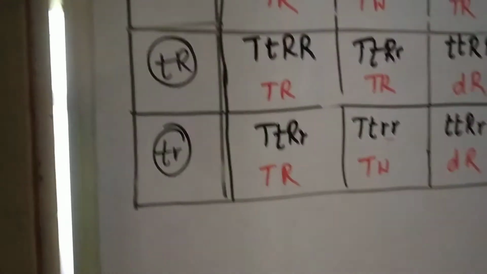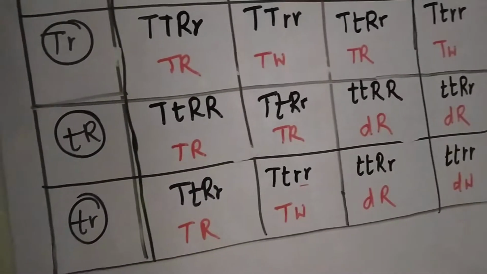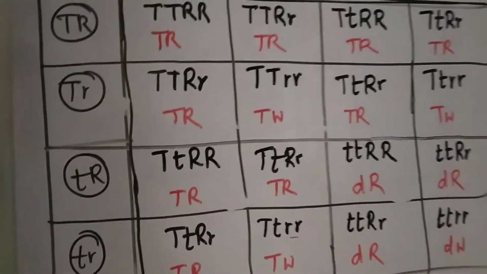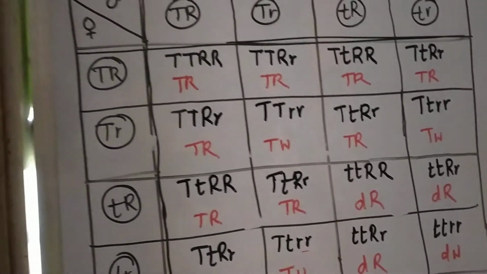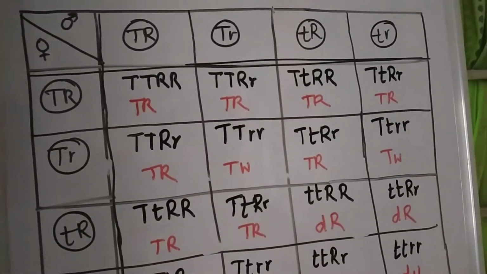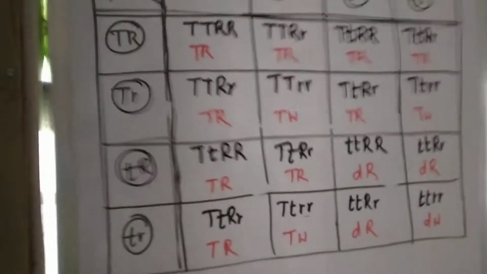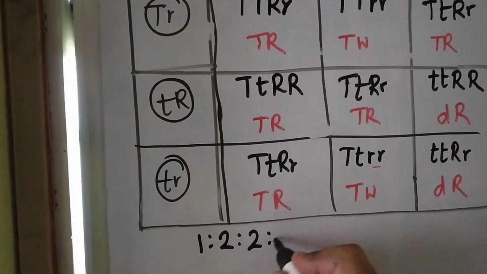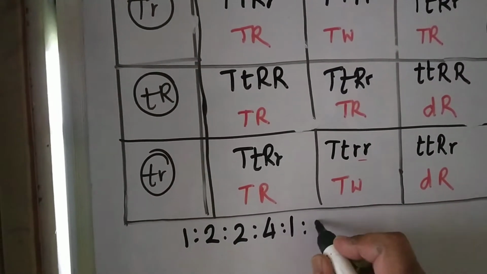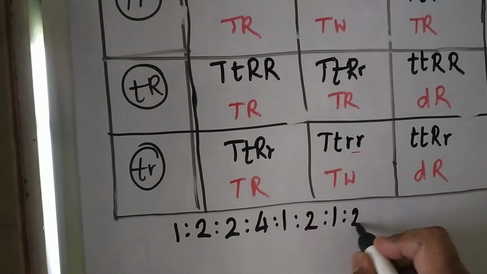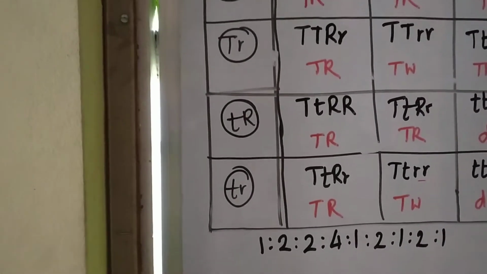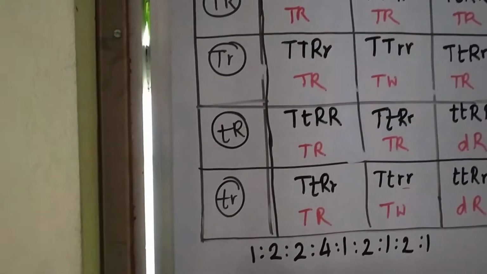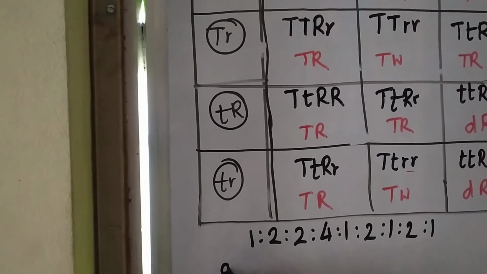So the genotypic ratio, if you observe the genotypes, is quite lengthy to be written here: 1:2:2:2:4:1:2:1:2:1. I can write here in short like this: 1:2:1:2:4:1:2:1:2:1. But if you consider the phenotypic ratio, here if you count these tall round, there are 9 tall round.